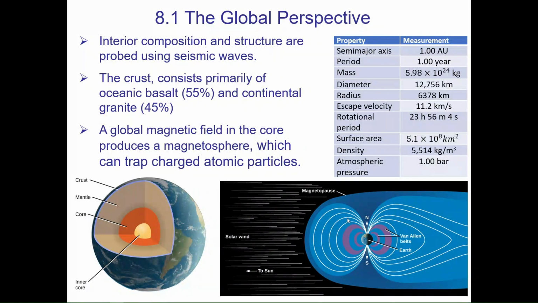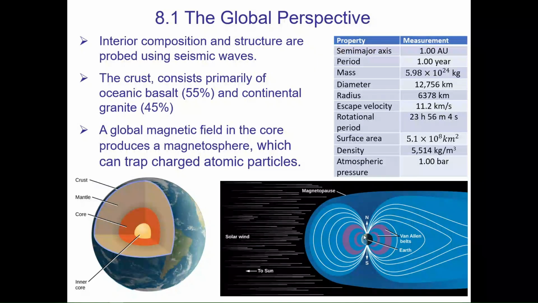However, the Earth's magnetic field is able to trap the charged particles. Most of the charged particles are trapped in what we call the Van Allen belts. Most of them are stopped away from the Earth. Only a few of them are able to enter the Earth.